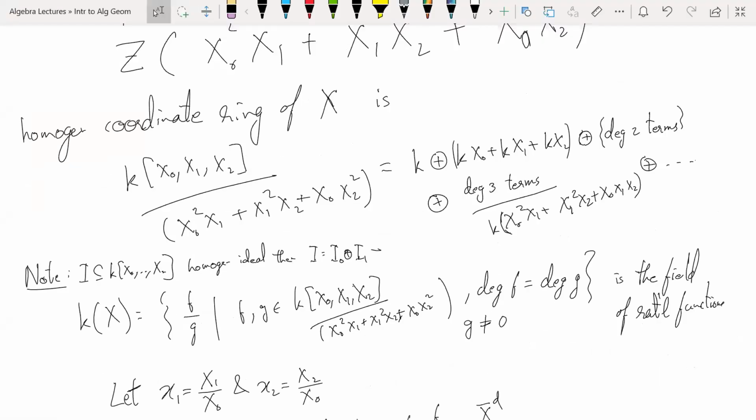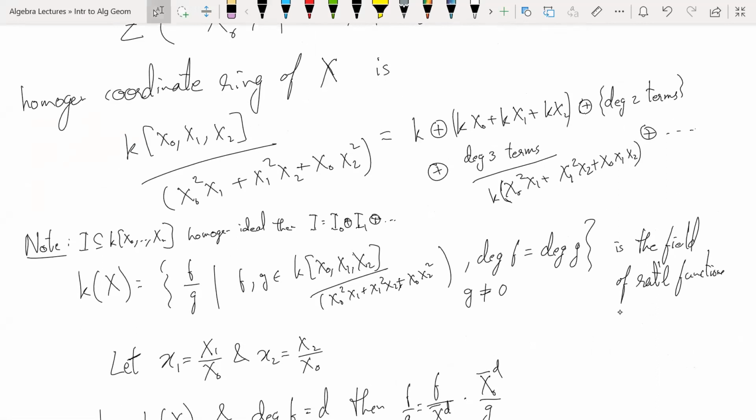You can write it as I_1 and so on. Of course the first few might be zero: if I is a proper ideal, it may not have any degree zero piece. It may not have any degree one piece either, for instance if I is an ideal of this kind, then it doesn't have any degree one piece or degree two piece.